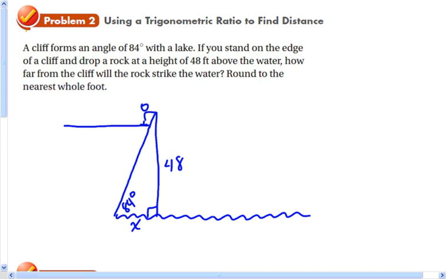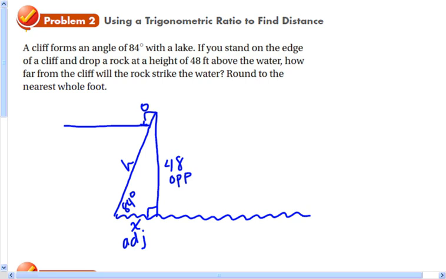Now, with respect to the 84 degree angle, 48 is a leg, and it's the opposite leg. And x is also a leg, and it's the adjacent leg. The hypotenuse is actually this line over here, which we're not given any information about.